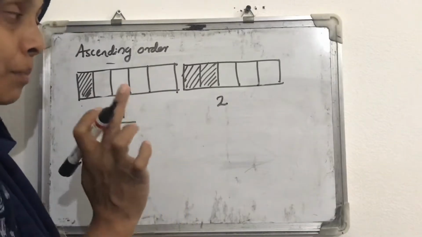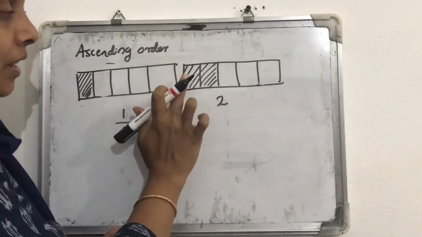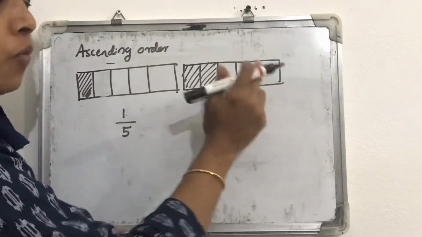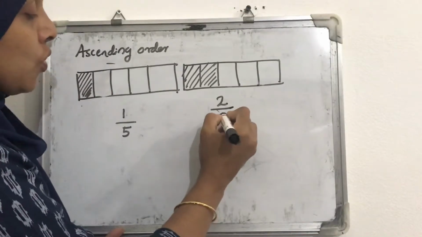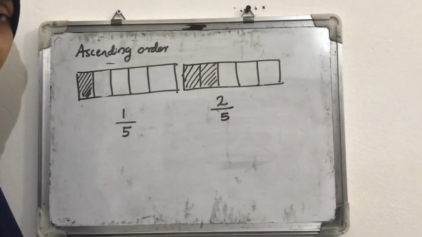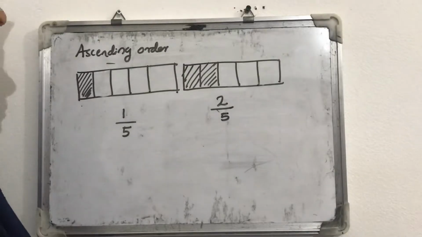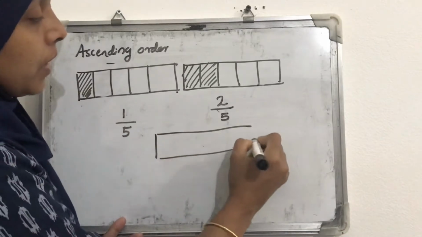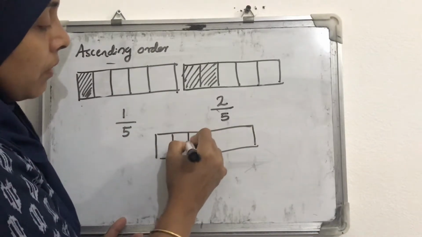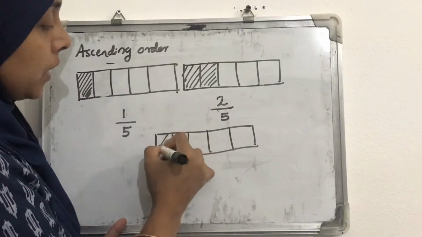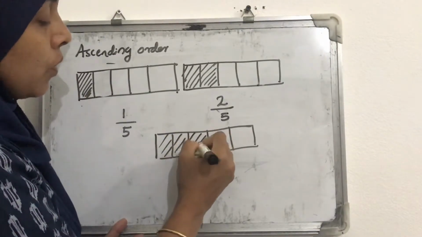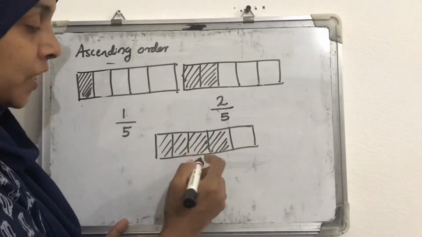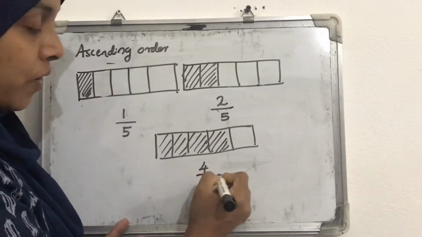That is wrong. Total how many parts are there? We want to include these 2 also. 1, 2, 3, 4, 5 equal parts are there. So the fraction is 2 by 5. Next, if we take the same figure, divide it into 5 equal parts and shade 4 equal parts, what is the fraction of the shaded part? It will be 4 by 5.